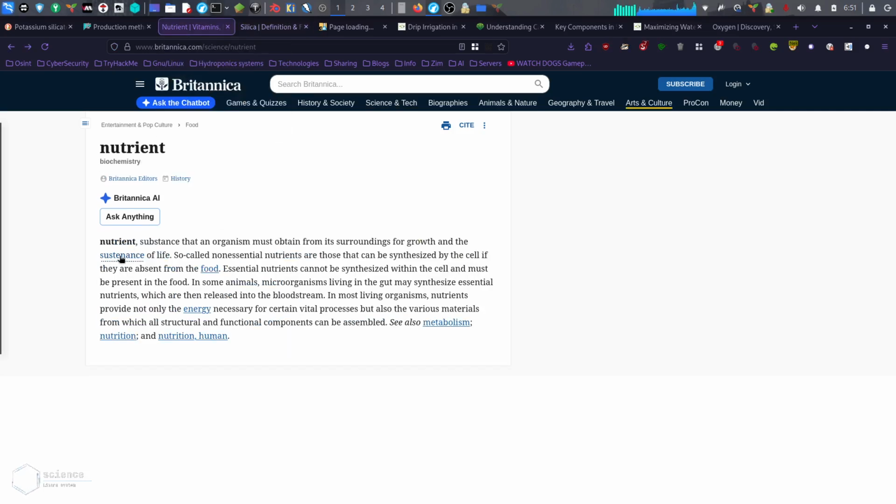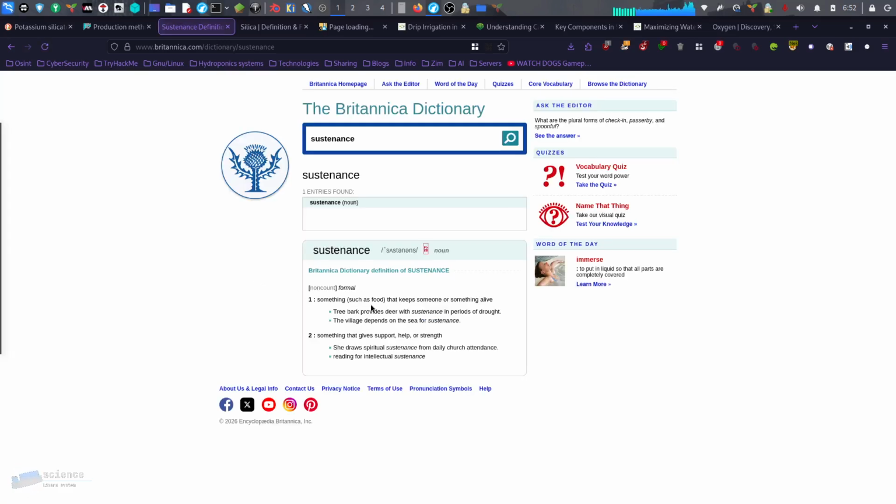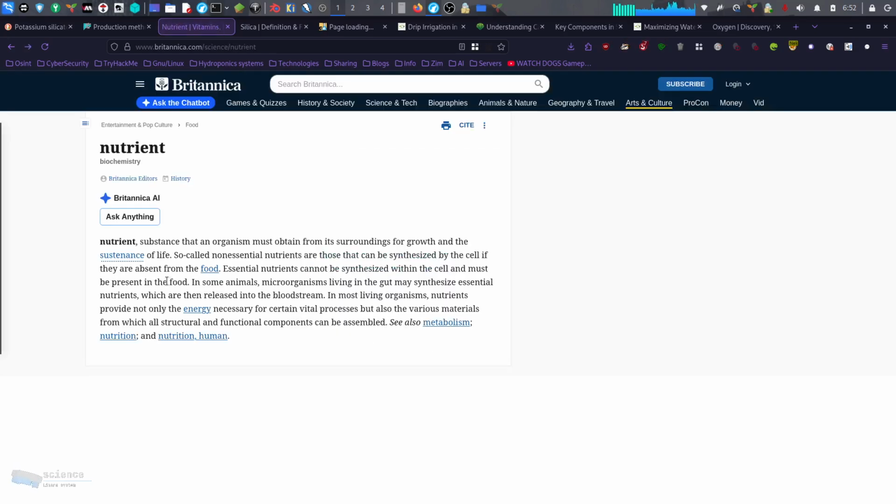Sustenance means such as food that keeps someone or something alive, something that gives support, help, or strength. Substrates that are used as food by an organism or plant.